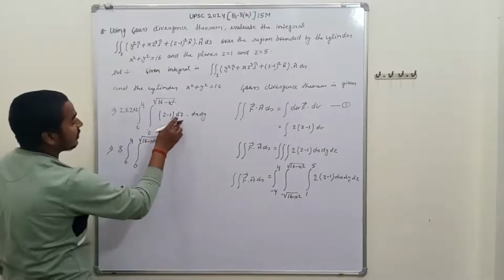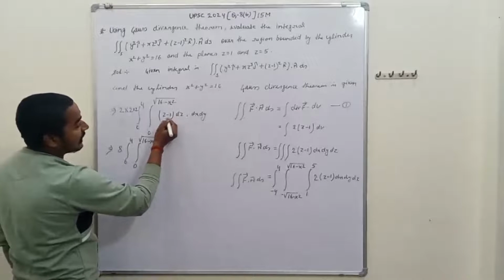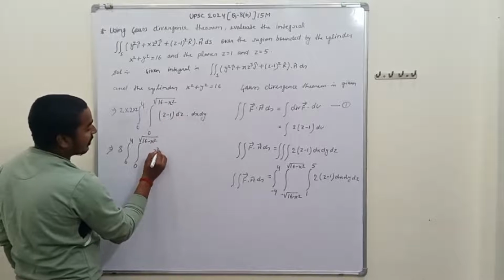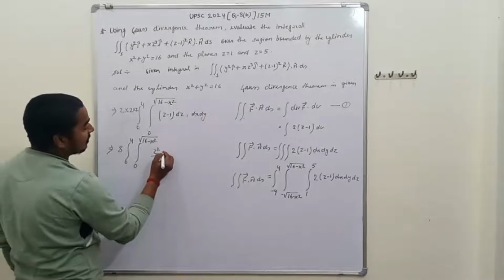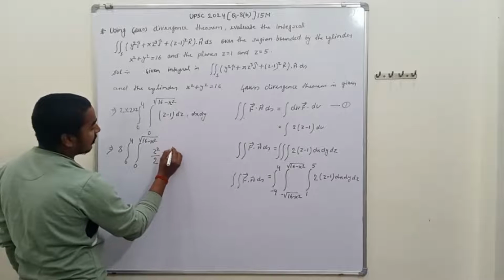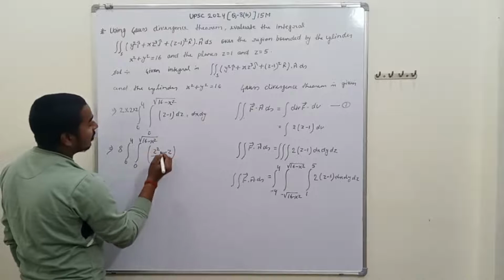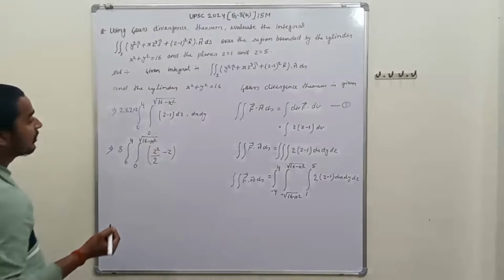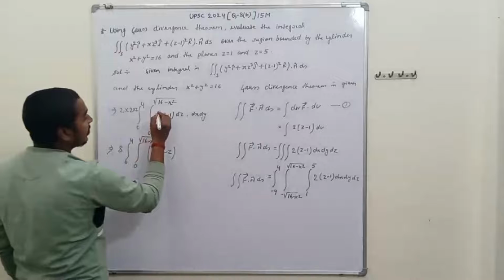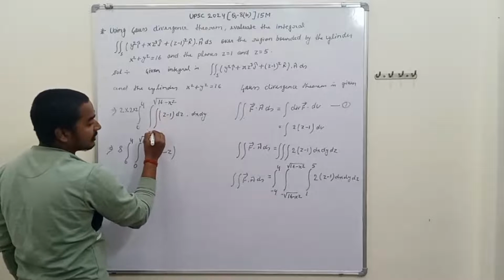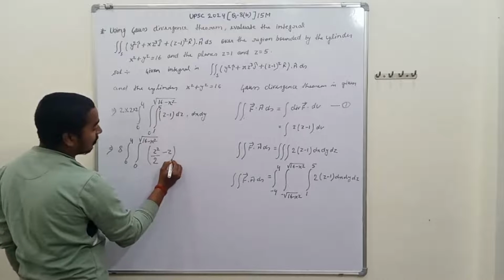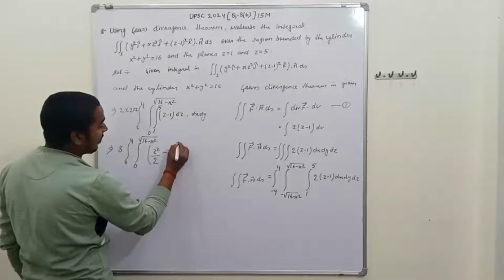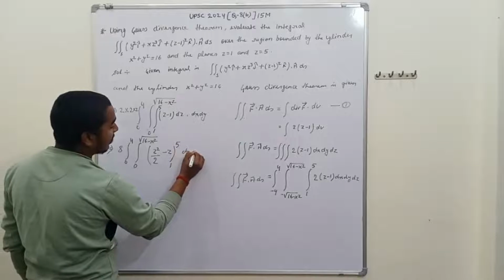On integrating with respect to z, z dz gives z square by 2, and minus dz gives minus z. We have to put the limit of z, which is 1 to 5, with dx dy.